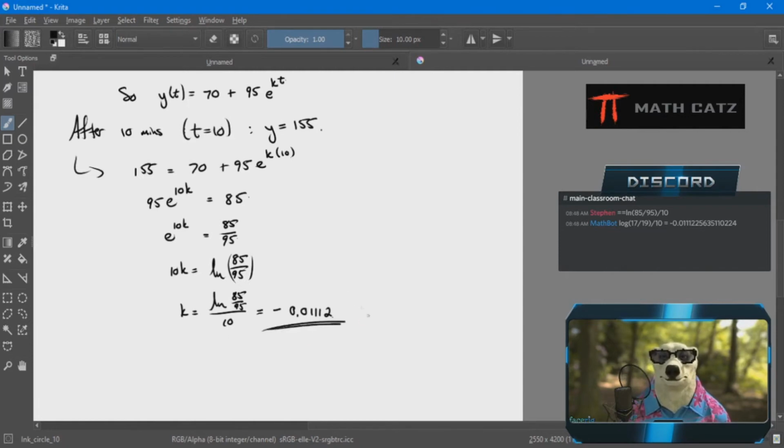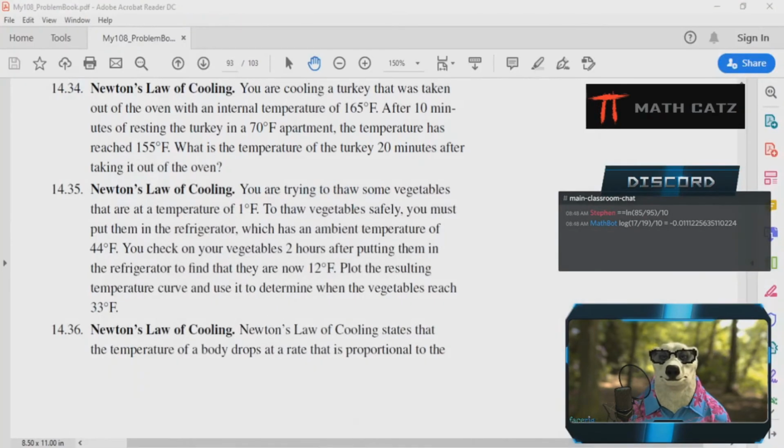So I have my quote-unquote decay constant, the proportionality constant associated with this turkey. And it's not going to be exactly the same for every turkey. It depends on how big the turkey is. It depends on a whole bunch of things. I do now have all that I need in my function. So I can answer their follow-up question.